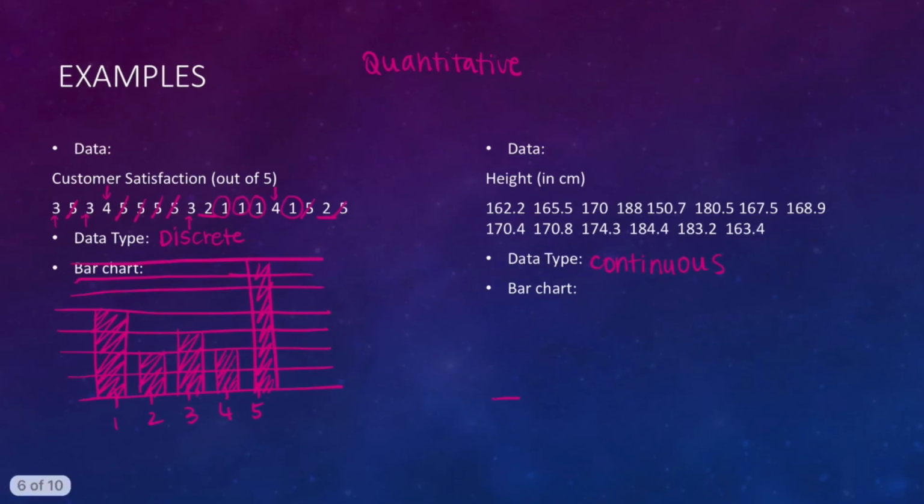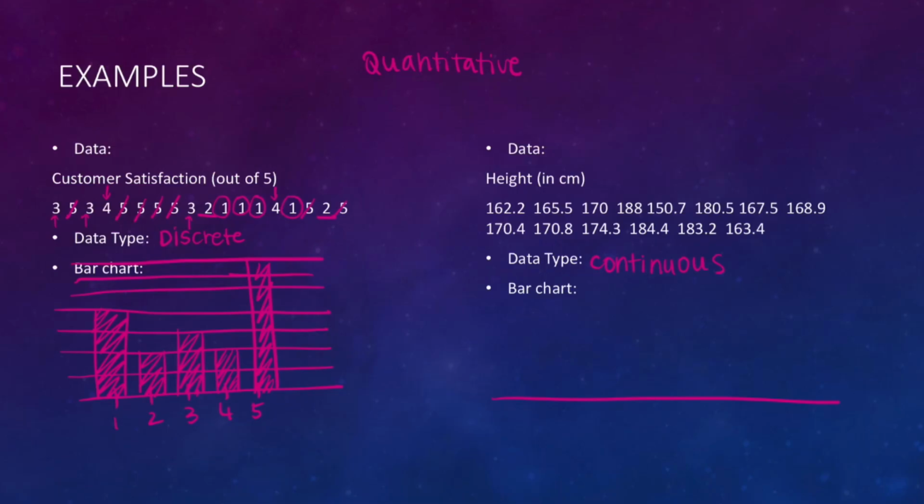The only difference with a bar chart in this case is that instead of having it for each individual value, because you're not really going to find the same height twice, and most of them should only appear once, you're going to have it grouped into groups, because that way you're able to compare which groups. We actually call that a histogram, and there are a couple of different ways to design it.